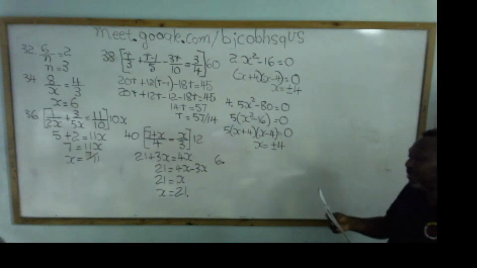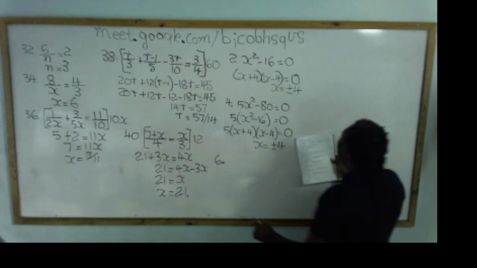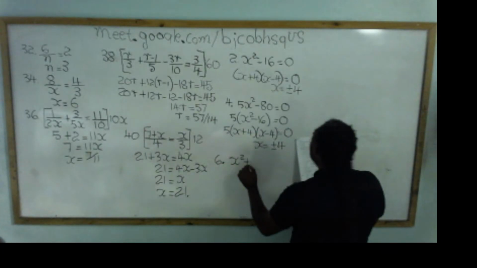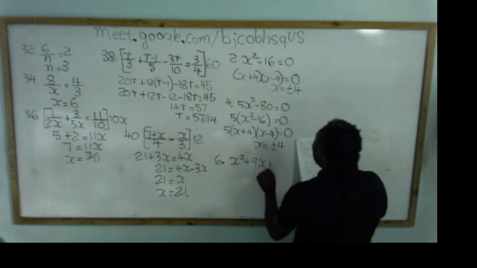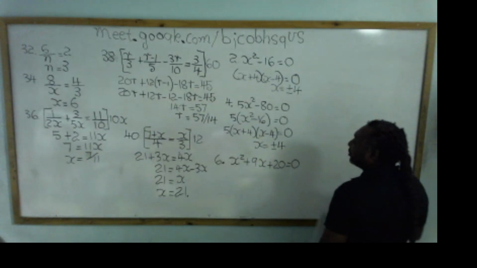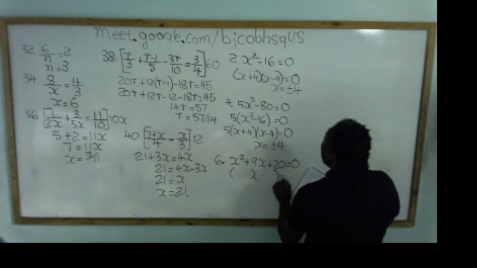Students, you are the ones forgetting the wonderful time that you had factorizing all of those expressions. x squared plus 9x plus 20 equals 0. So my question to you is, what are the factors?